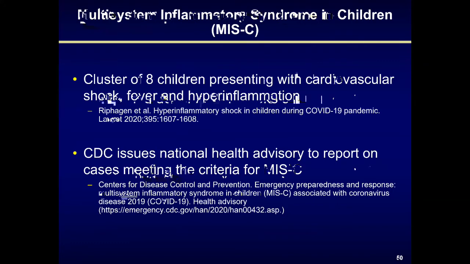So let's talk about MIS-C. So back in April, there was a cluster of 8 children that presented in the UK with cardiovascular shock, fever, and hyperinflammatory syndrome. And so this syndrome was first discussed. It had a couple different names along the way.